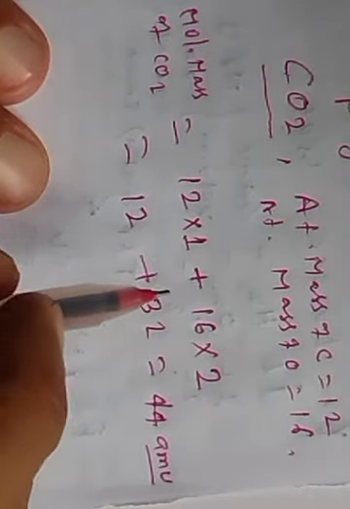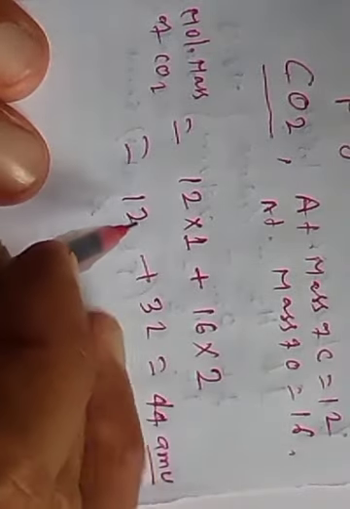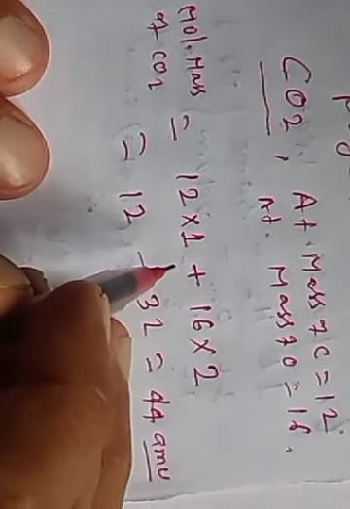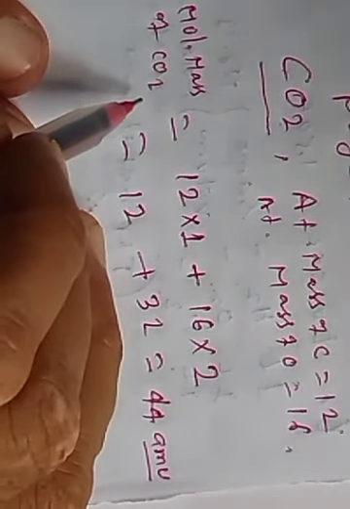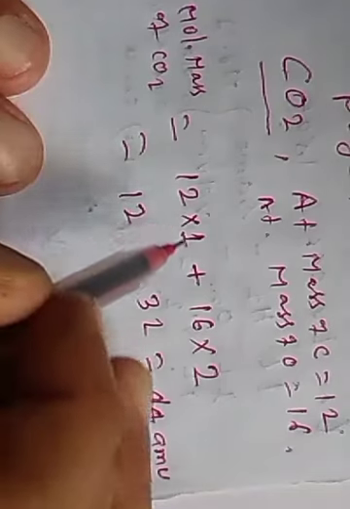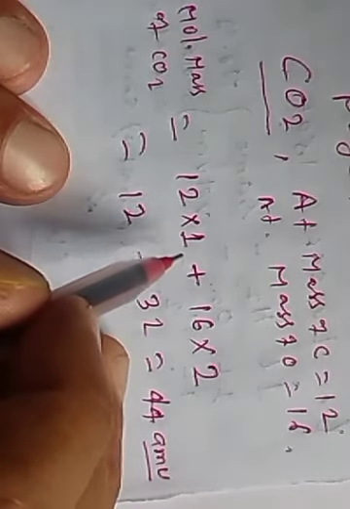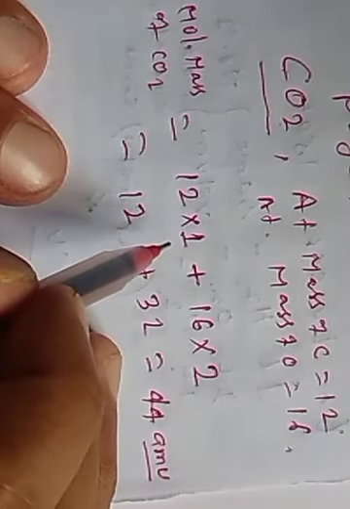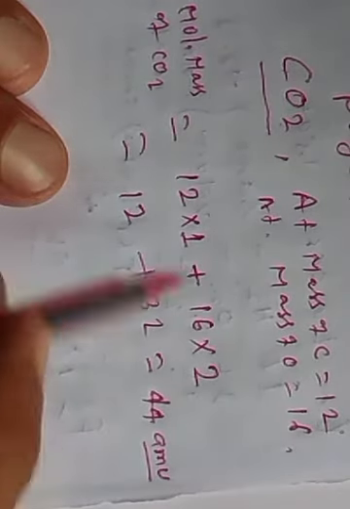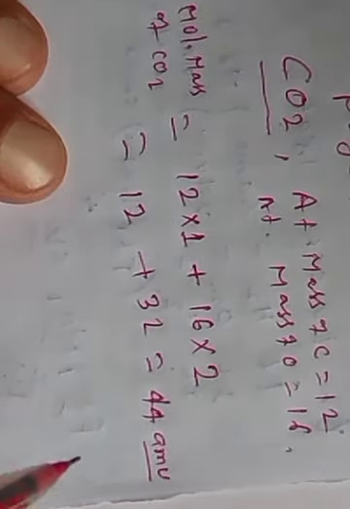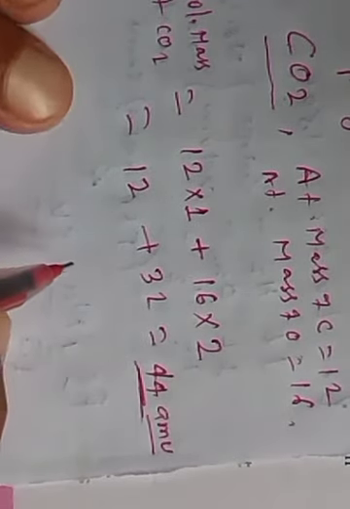So the definition is just in relative terms, but whenever we are going to calculate the molecular mass of a particular molecule, then we simply add the total atomic mass of the total number of atoms present in that molecule, like this. So the molecular mass of CO2 is 44 AMU.